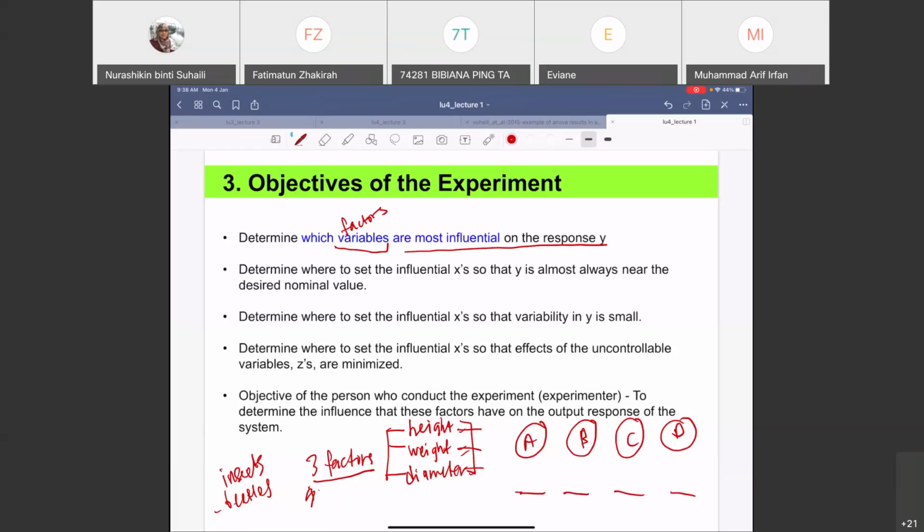Let's say 2 cm, and this one is 2.1 cm, the average. This is the average, and then this one is maybe 1.9, and this one is 2 cm. So that is the output that you got after the end of your study, for example, the height.